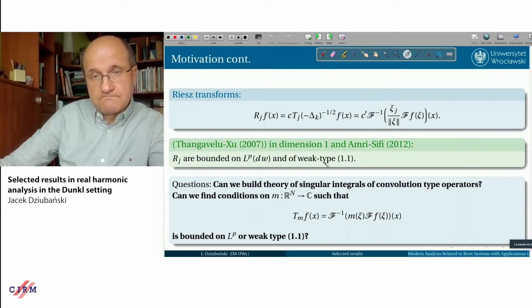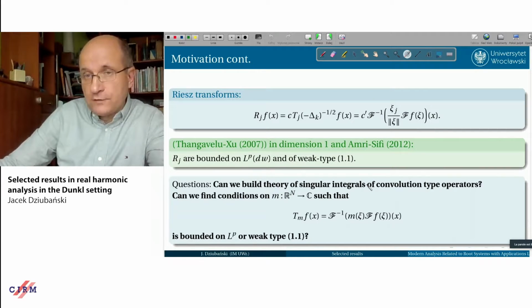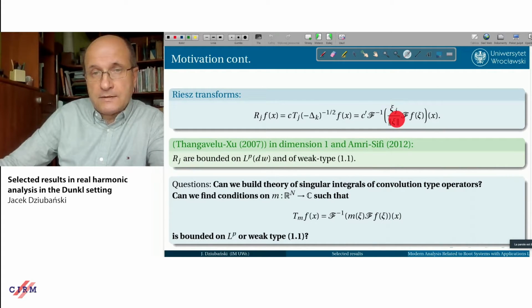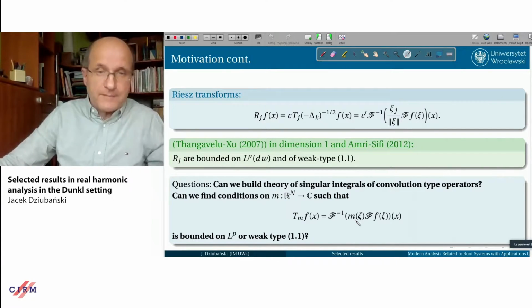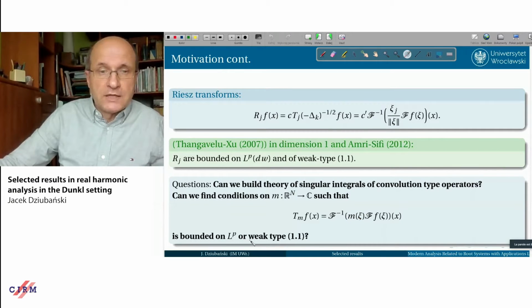This motivates us to ask: can we build a theory of singular integral operators of generalized convolution type? Looking at the Riesz transform, which is defined by a multiplier, we may ask for conditions on a function m from R^n to C such that the Dunkl multiplier operator is bounded on L^p or of weak type 1,1. So this is our second, or maybe third, goal.